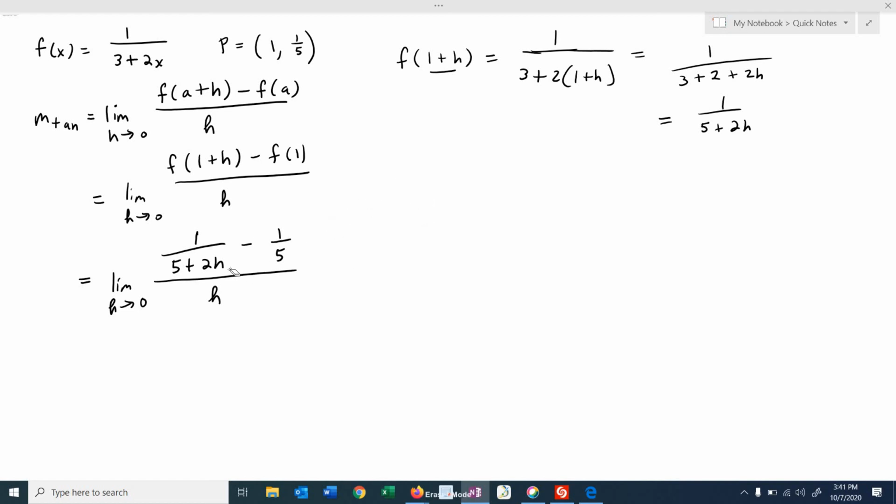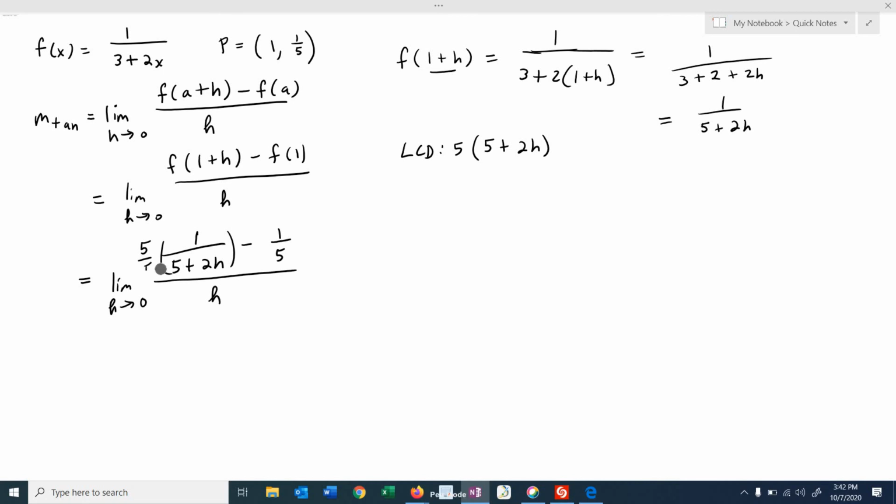Okay, I think the key here is we need to get a common denominator so that we can add this fraction, or actually subtract the fraction. So the least common denominator in this case would be a combination of these two factors. So you need a factor of 5, and you also need a factor of 5 plus 2h. Okay, so this is missing the factor of 5, so we're going to force that in by multiplying by 5 over 5.